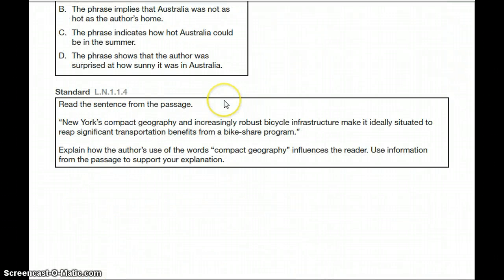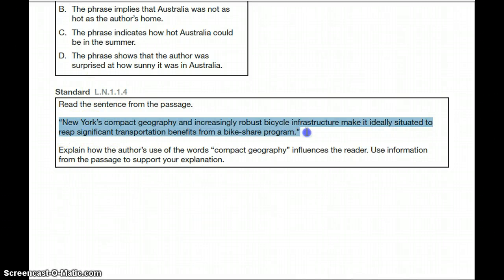Or you might see a constructed response question referring to author's purpose in nonfiction. Something like that might again ask you to take a look at a specific sentence. New York's compact geography and increasingly robust bicycle infrastructure make it ideally situated to reap significant transportation benefits from a bike share program. This is a sentence from a nonfiction text.